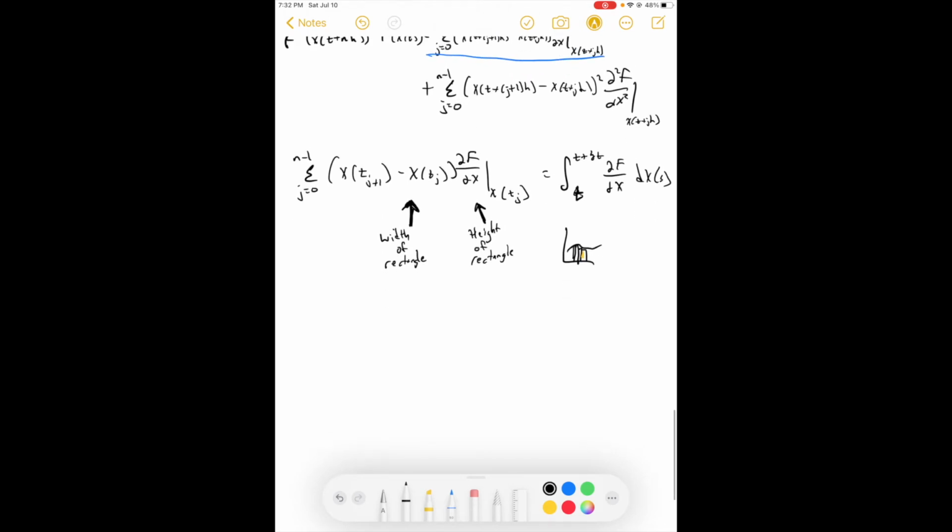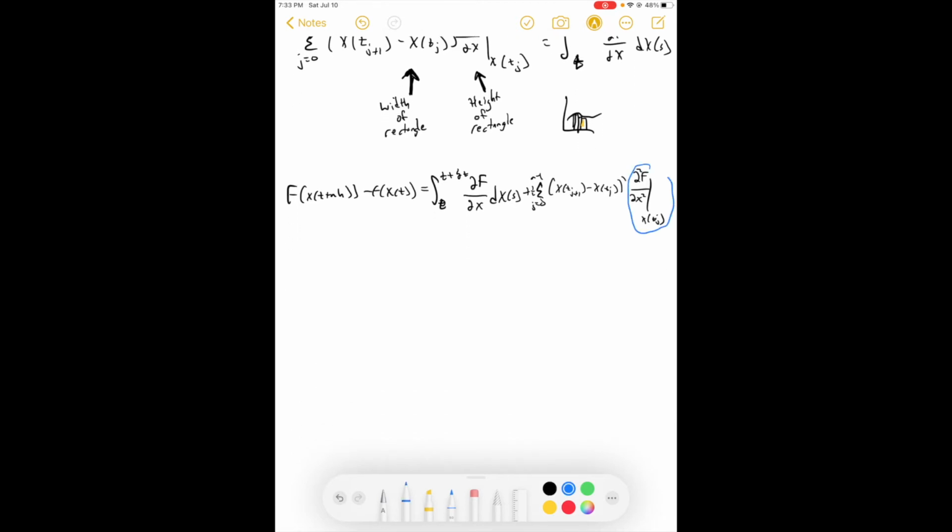So right now, what we've got is f of x of t plus nh minus f of x of t is equal to the integral from t to t plus delta t, I'm sorry, I keep misspeaking a little, of the derivative of f with respect to x, dx of s, plus this sum, 1/2 times the sum from j equals 0 to n minus 1 of x of t sub j plus 1 minus x of t sub j, squared, times the second derivative of f with respect to x, evaluated at x of t sub j.